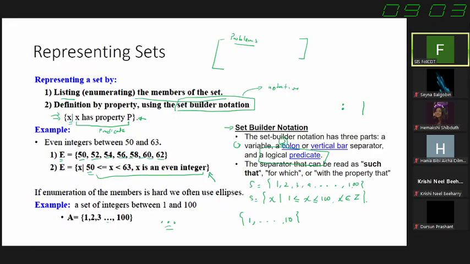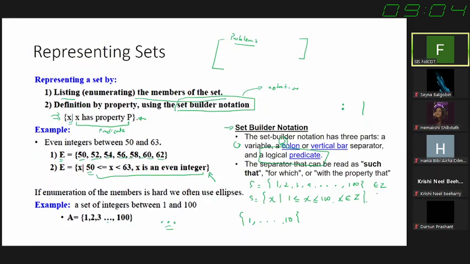Now, the problem with the dots is that since we are dealing with a set of integers, we have no problem putting dot, dot, dot, because those ellipses stand for 4, 5, 6, 7, 8, 9, 10. We understand it.